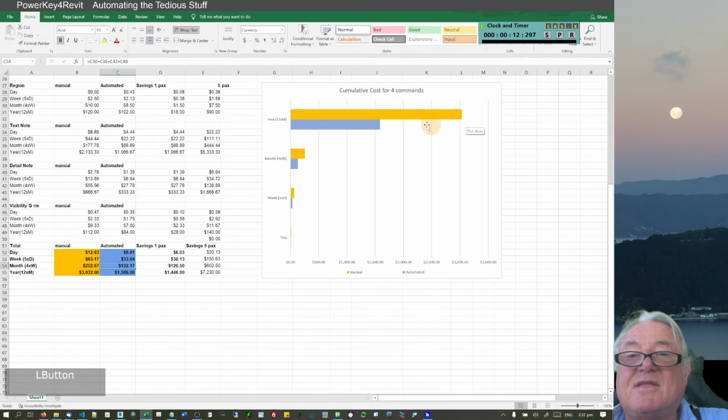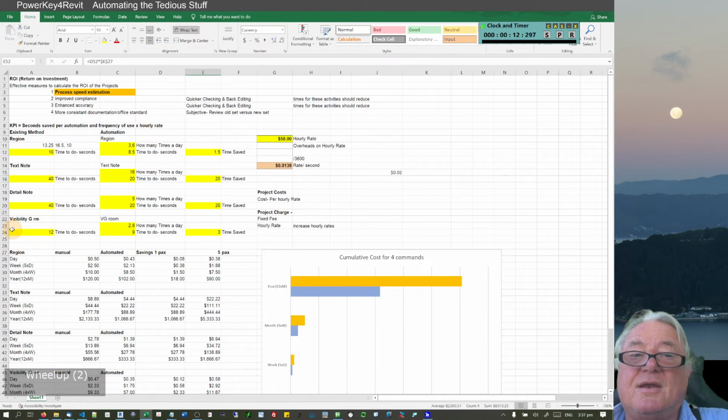And by the end of the year, we're going from 3,000 to just over 1,500. So not quite 50%, but you're saving thousands of dollars. And that's just one person using them, and that's just 4 commands. Now, those happen to be some of the most productive, the ones that speed up the most.